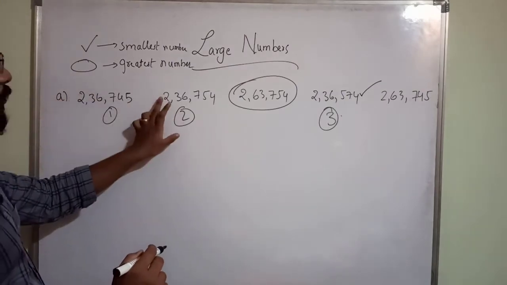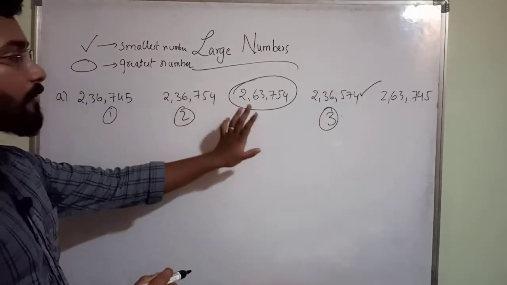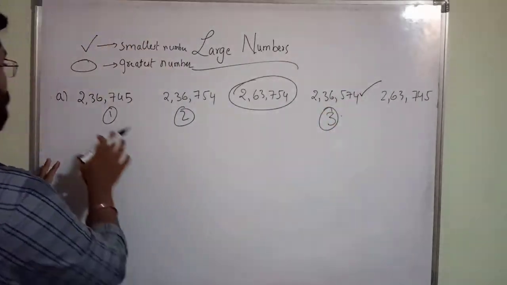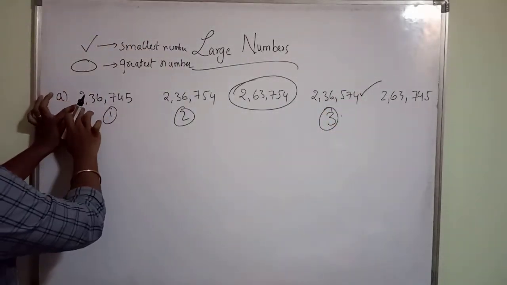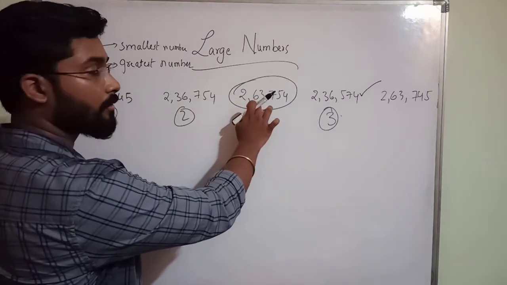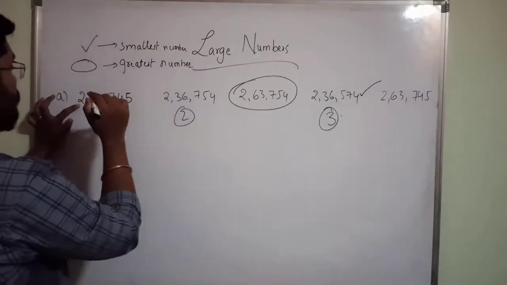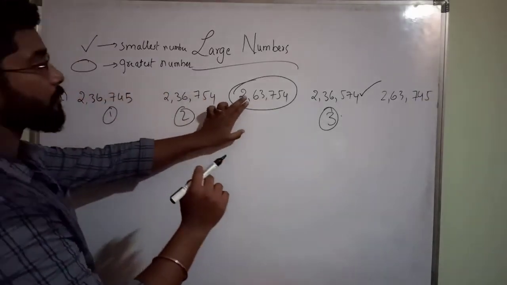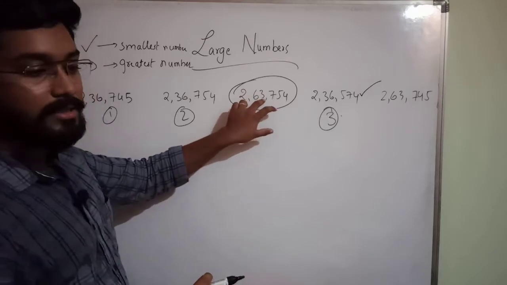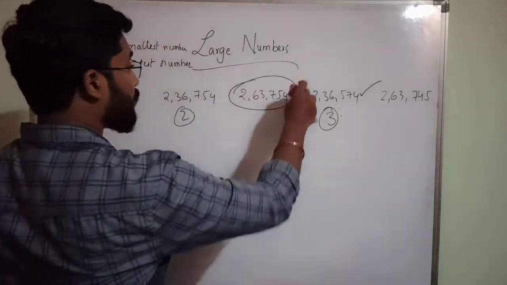2,36,700 change: 2,36,754, 2,36,574. So which one is greater? 2,36,000 is greater or 2,63,000 is greater? This one is less than this one, so this one is greater. 2,63,000 is greater. I will say it clearly.